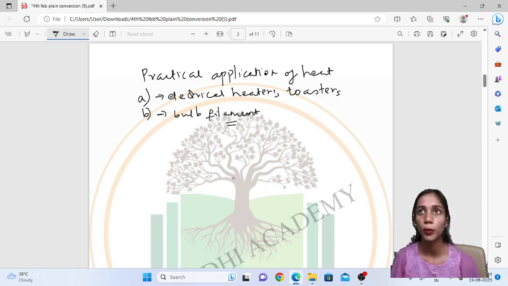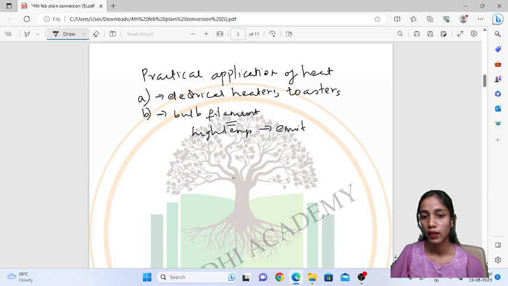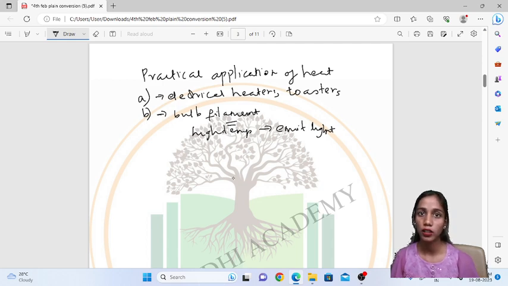It has to carry a very high temperature, because that high temperature will enable it to emit light. The light will be emitted only if the temperature of the filament is increased to that particular value. So the higher the temperature, the more light will be emitted.